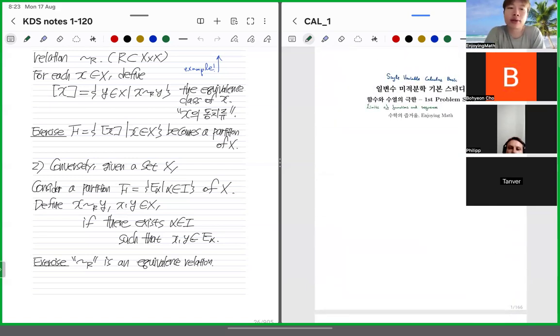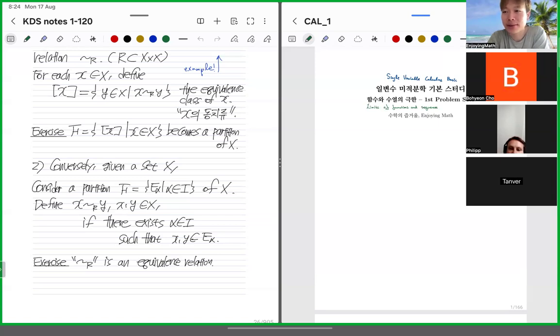And even before starting our Kidesu session, we always ask each other, drilling the definitions and that sort of thing. So maybe I want to ask Philip, what's the definition of equivalence relation? Sorry, I haven't looked at it in the last days.